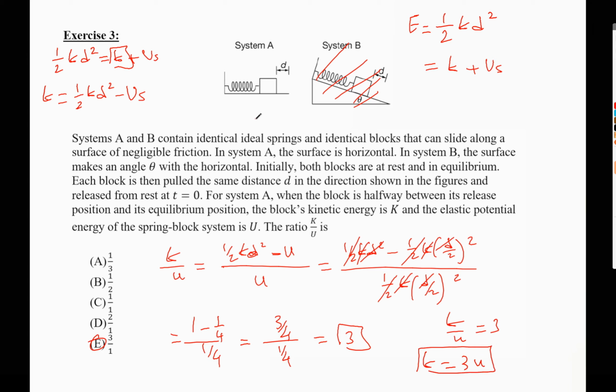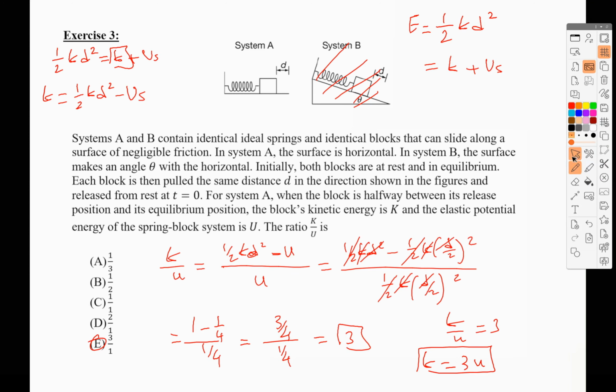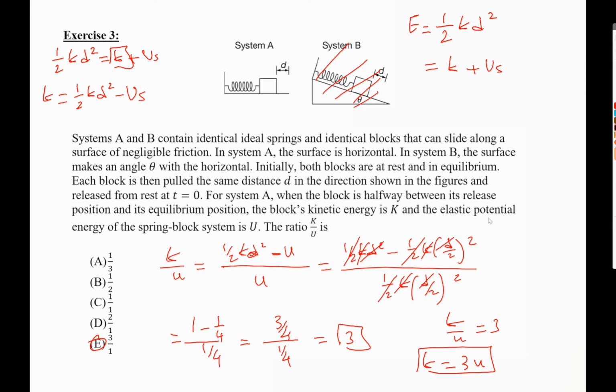Then midway between the equilibrium position and the amplitude, the energy stored in the form of kinetic energy in the system is 3 times the elastic potential energy stored in the spring. So if you think about it, midway between equilibrium and amplitude, to say that the energies are shared 50-50 is wrong, because the functions aren't linear.